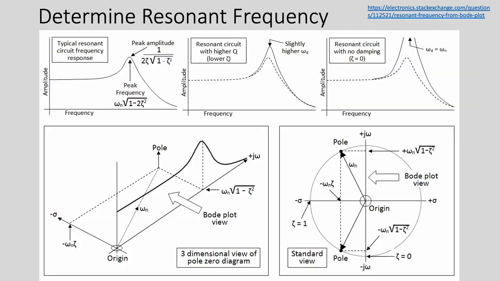To determine the resonant frequency, this is their visual that they present. They have the amplitude on the y-axis and the frequency on the x-axis for the Bode plot. In these top rows, you can see that the resonant frequency is obvious.